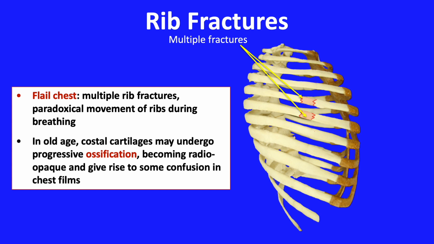The jagged edge of the broken bones may damage the underlying lung lining and induce a life-threatening pneumothorax. Flail chests are quite dangerous and require immediate treatment. In old age, costal cartilages may undergo progressive ossification, becoming radiopaque, and give rise to some confusion in chest films.